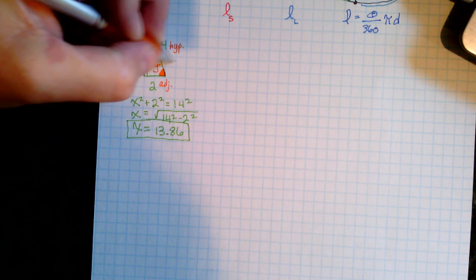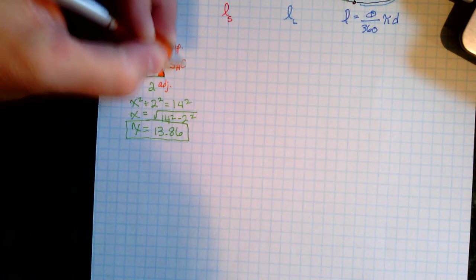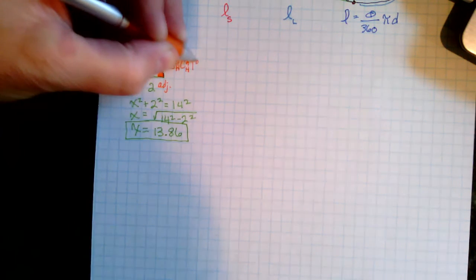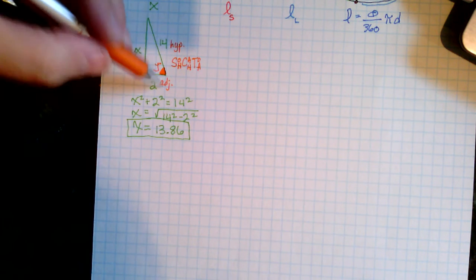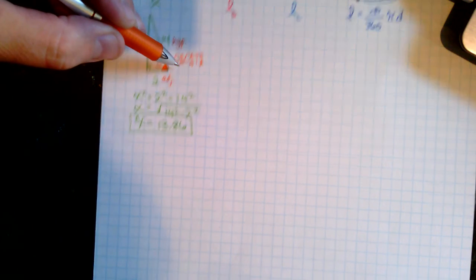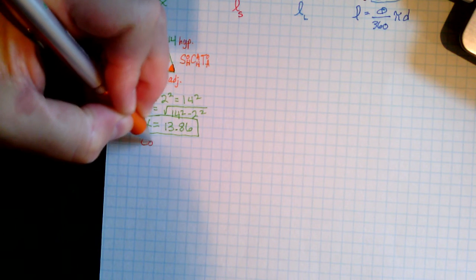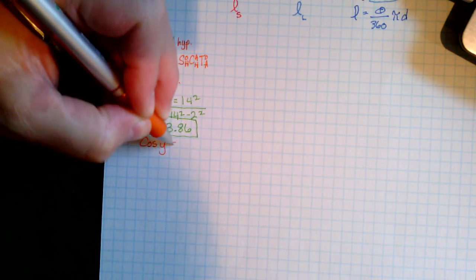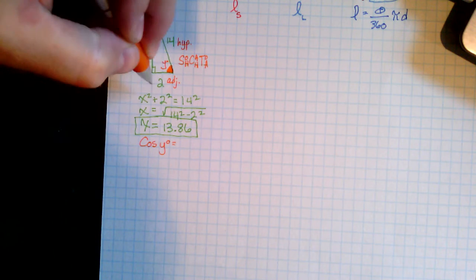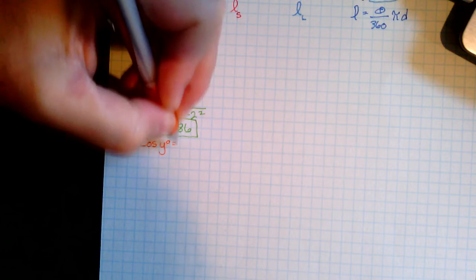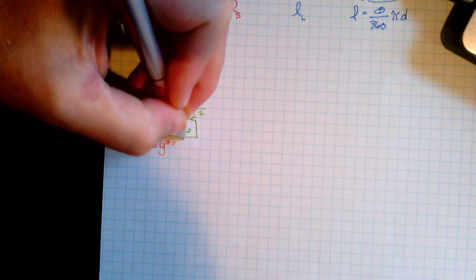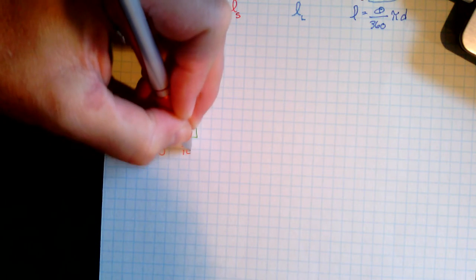So remember, with our acronym SOHCAHTOA, the adjacent and hypotenuse ratio is a cosine ratio. So I'm going to use the cosine of angle Y to try to find angle Y, and the ratio is 2 over 14.